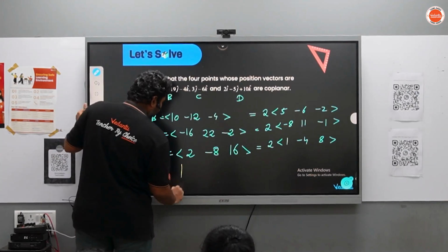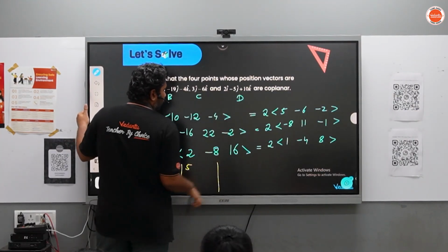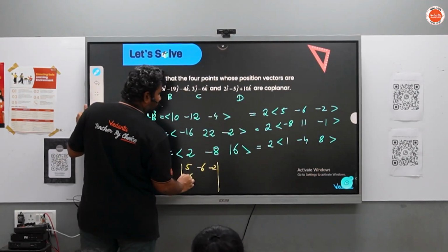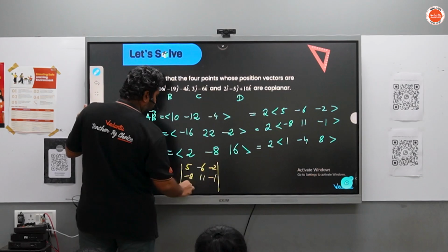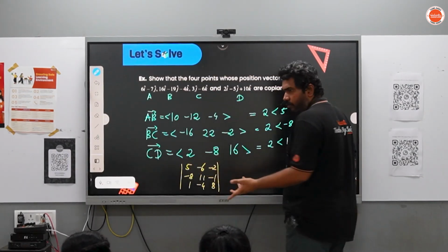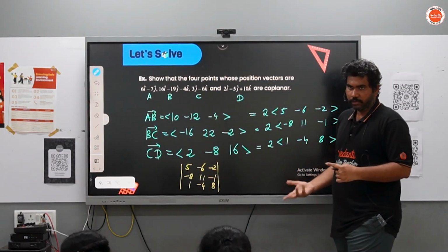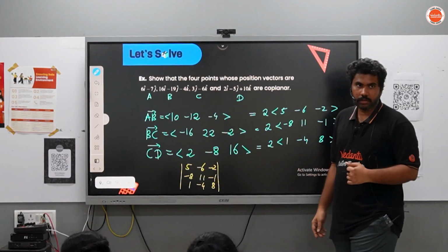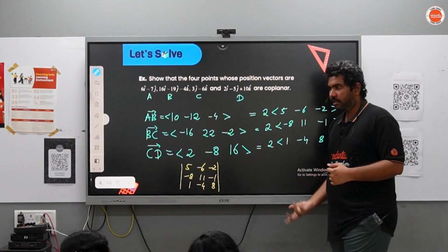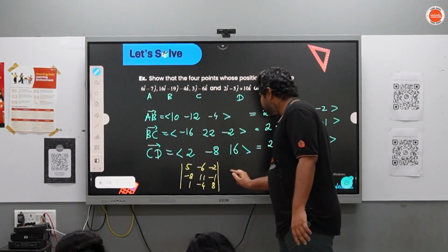So you can just take the topmost one, 5, minus 6, minus 2 components, minus 8, 11, minus 1, 1, minus 4, 8. Basically you can take it in any way you want, because we are only trying to prove that it is 0. Even though you are changing the rows here, only a positive or negative sign change will happen. That's not going to affect anything.